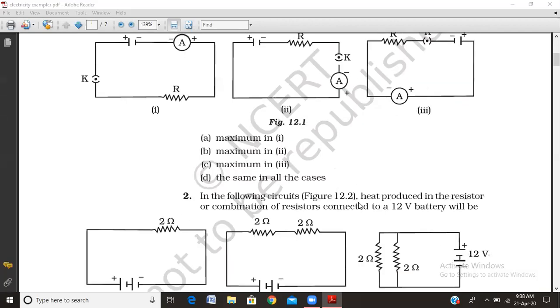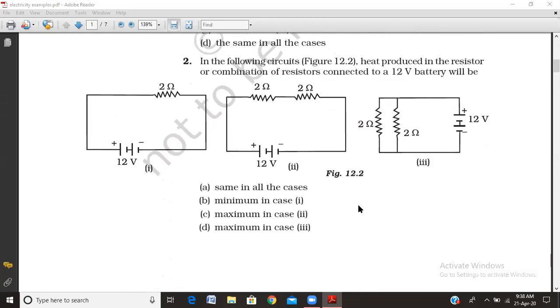Now second question. In the following circuits, heat produced in the resistor or combination of resistors connected to a 12-volt battery will be. We have three circuits here. The first circuit has one resistor of 2 ohm. In the second circuit there are two resistors each of 2 ohm connected in series.